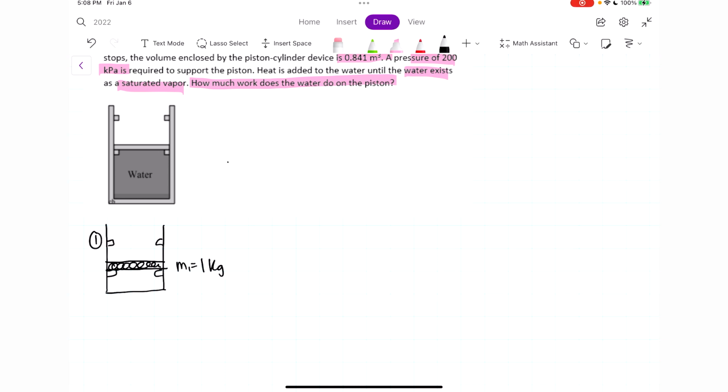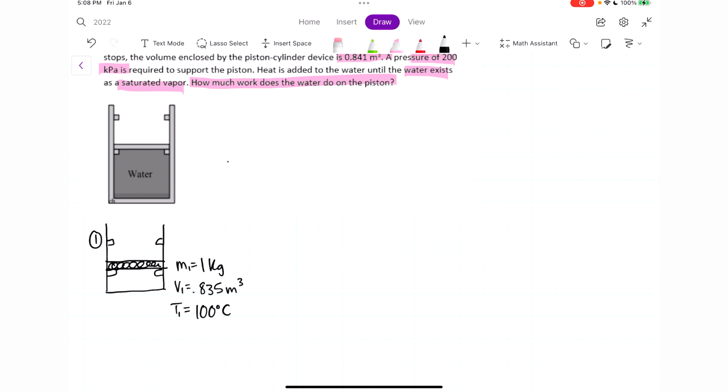And it's going to be 1 kilogram for all the other states because it is a closed system. There's no mass coming in or out of the boundary of the piston cylinder. We know that our initial volume is 0.835 meters cubed. And we also know that our initial temperature is 100 degrees Celsius.